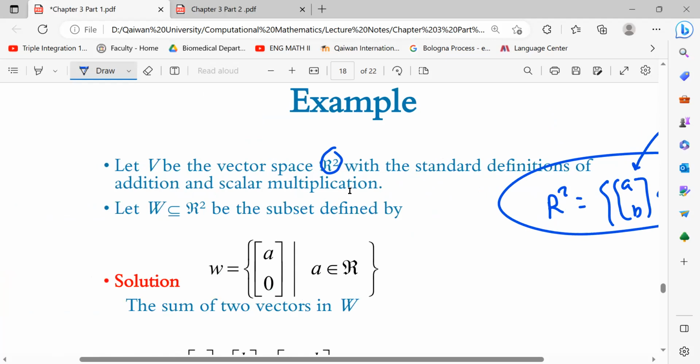Now it says W is (a, 0). Look, the second element is fixed, which is 0.